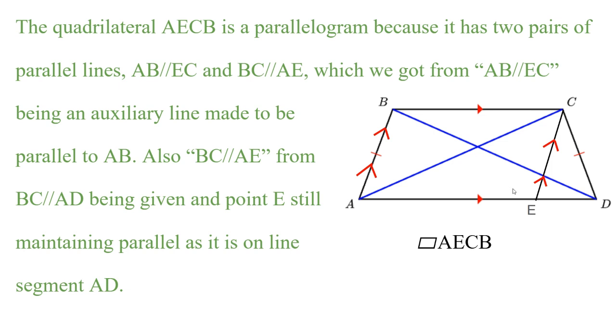That's one pair, and the second pair is the one we proved earlier, which is EC parallel to AB. So with two pairs of parallel lines, we can say that the quadrilateral AECB is now a parallelogram.